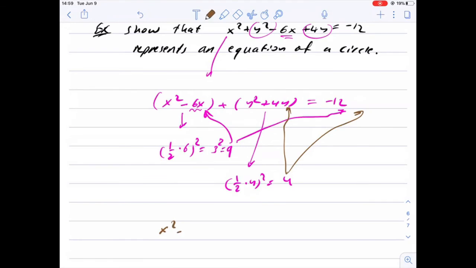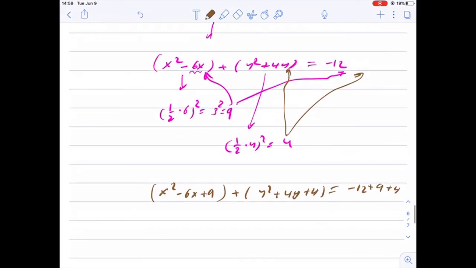So we get x squared minus 6x plus 9 plus y squared plus 4y plus 4 equals negative 12, and we have 9 and 4 added to it. Now this is a complete square, so we can write it as x minus the square root of 9, which is 3, and the square becomes here, plus same thing here, the square root of y squared is y, the sign of the middle term is plus, and the square root of 4 is 2.